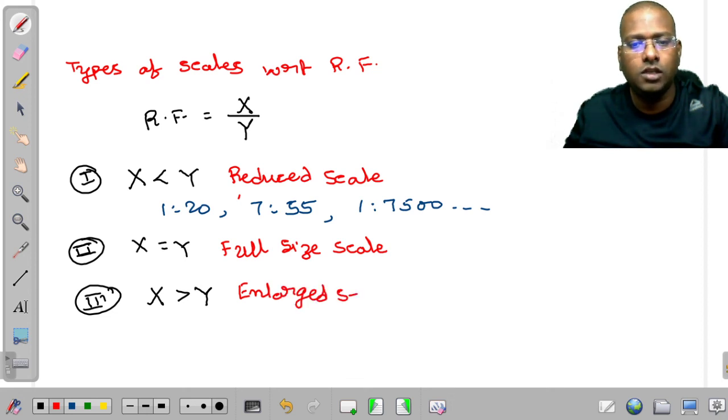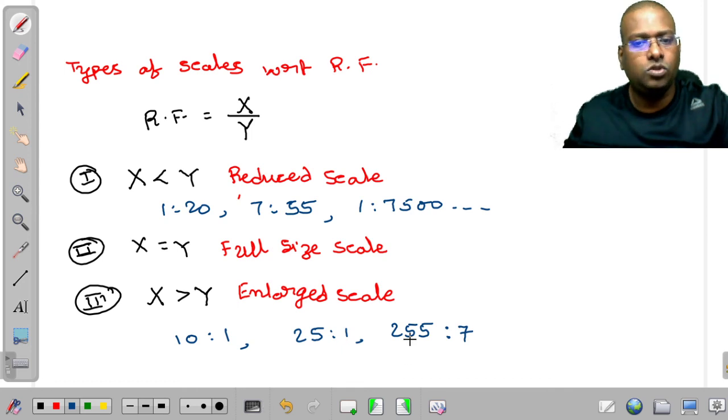For this, examples are 10:1, 25:1, 255:7, like this. The numerator will be large and the denominator small. This is considered an enlarged scale.